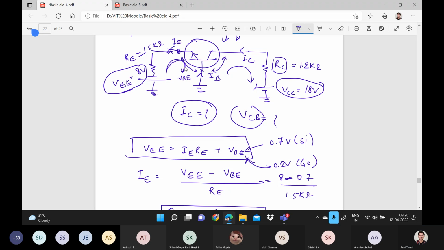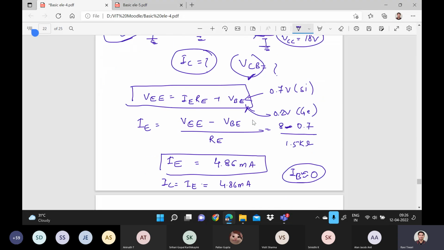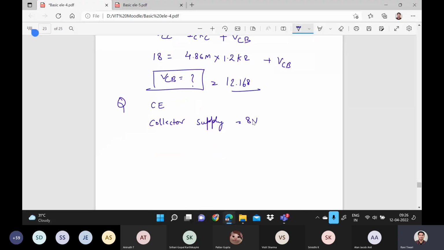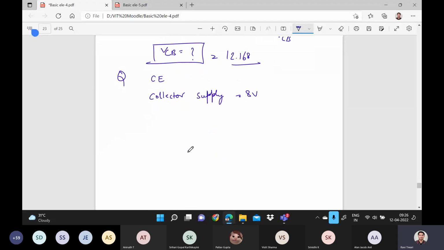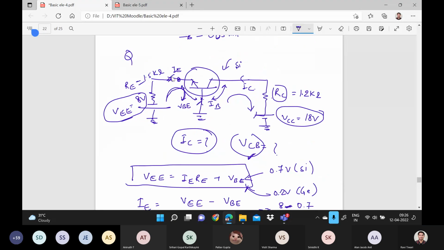Here, see, this is common base configuration. Don't confuse, this is common base configuration. So there will be a connection between base and emitter and the collector and base. So here the common means VCB. Okay, in the next case, you will have this VCE. Are you getting this? This is common base. Yes, sir. Got it.